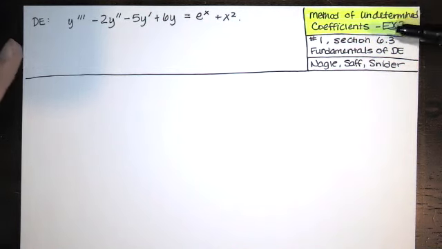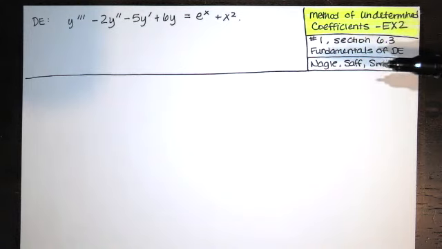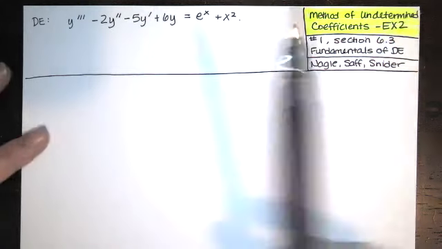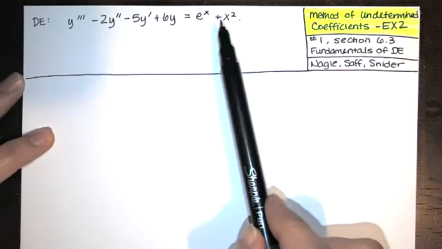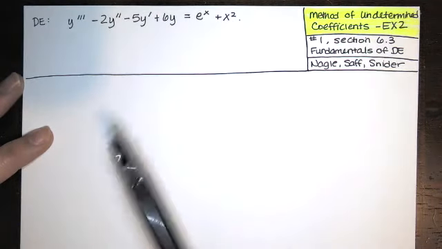Now, before we start with the method, we should make sure that this method actually applies. Remember, in order for the method of undetermined coefficients to apply, the corresponding homogeneous equation has to have constant coefficients. If I made this right-hand side 0, that would be the corresponding homogeneous equation.